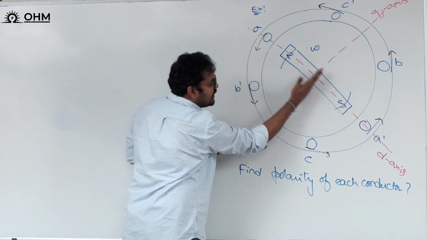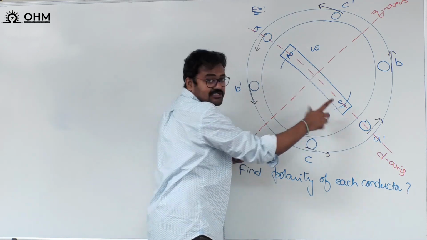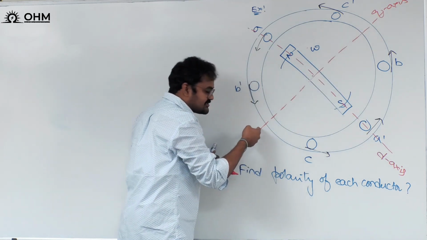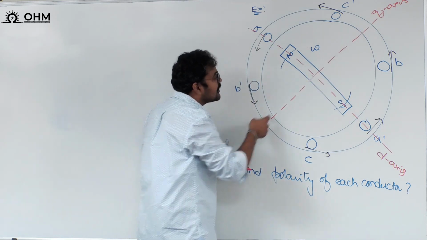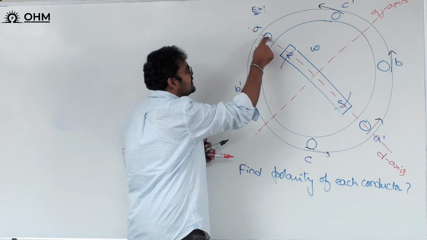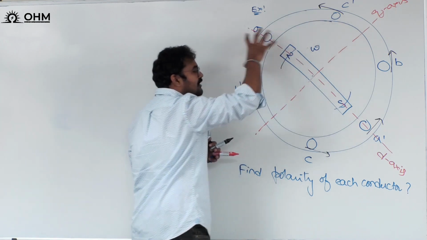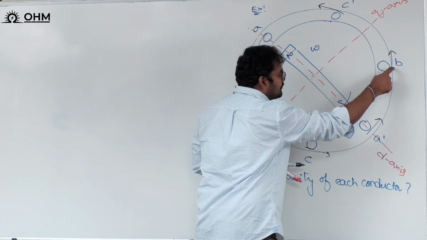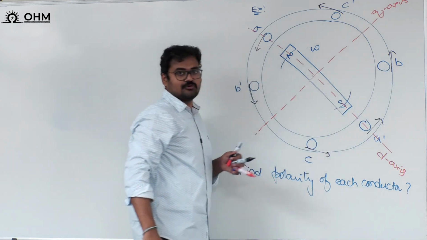North pole effect. Below this Q axis, which pole effect? South pole effect. And along the Q axis, is there any conductor? Yes. According to the given diagram, there is no conductor along the Q axis. So you can understand here B dash, A and C dash are under the effect of the north pole and C, A dash and B are under the effect of the south pole.